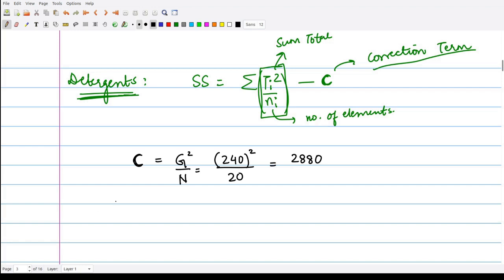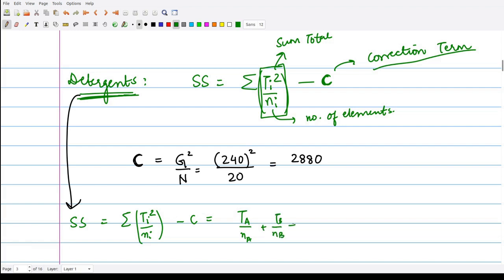Now, according to the C value, let us calculate this for detergents. SS for detergent would be summation Ti square divided by Ni minus C. So it would be Ta square by Na plus Tb square upon Nb plus Tc square upon Nc plus Td square upon Nd minus C, because we have in total 4 detergents.